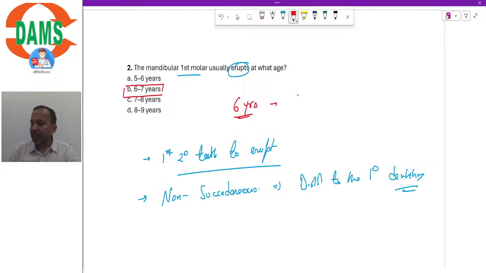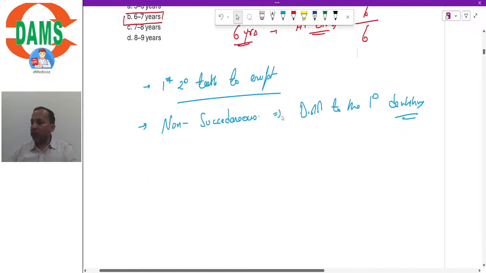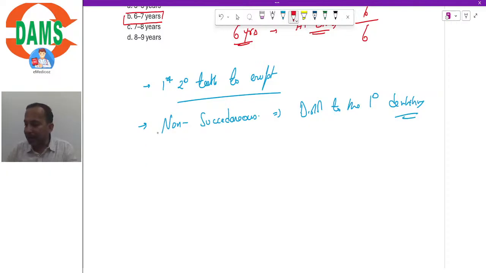Its calcification begins at birth. Just like the maxillary first molar, the mandibular first molar also begins calcification at birth and erupts at the age of about 6 years, right? अगर हम इसमें और chronology में आगे जाएं, just like the maxillary molars, the mandibular first molar initiates at birth, its crown completes at 2.5 to 3 years, right?